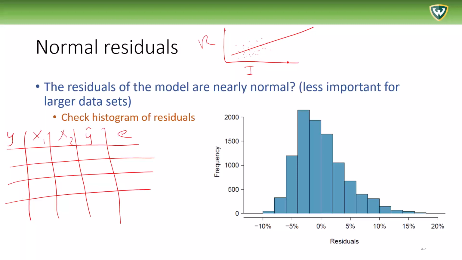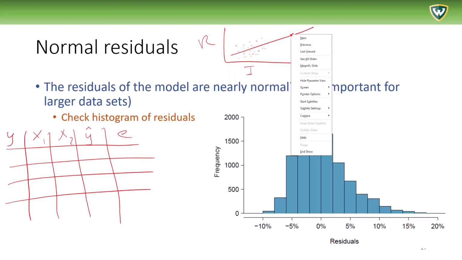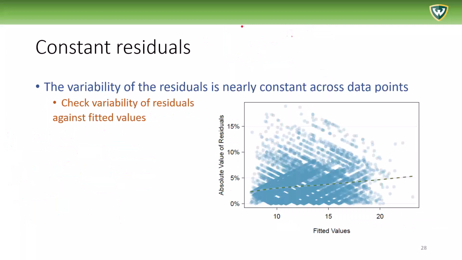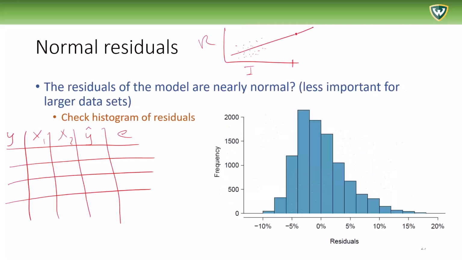So what if the income was all the way over here? What would the model predict the rate to be? We'd predict it to be right here. That's the predicted value.